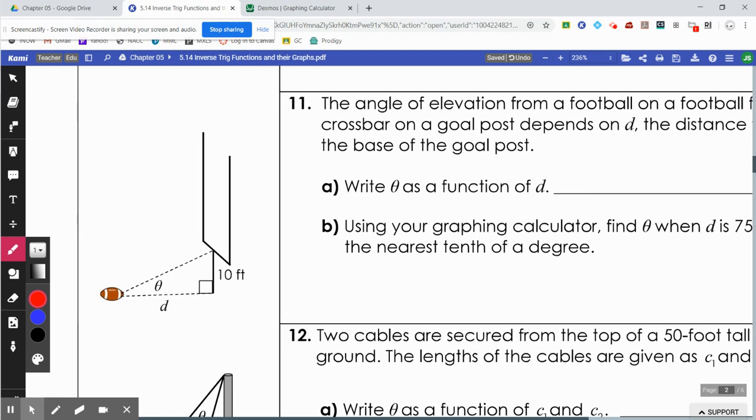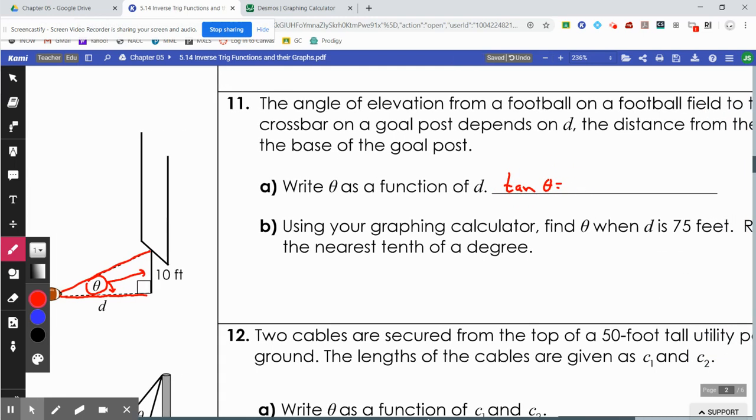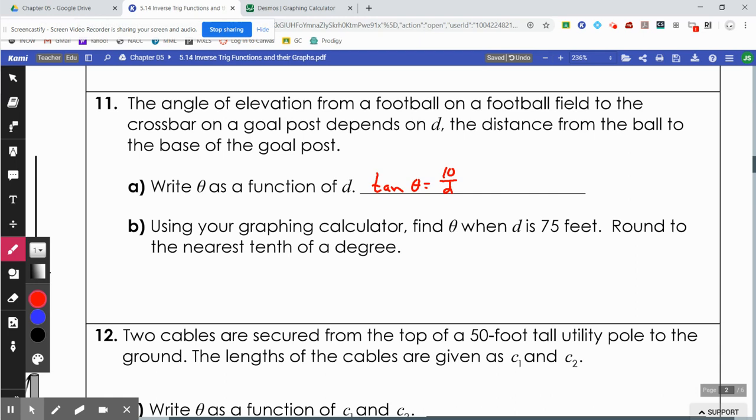So I know that the distance here all depends on the 10 and the theta. If I'm talking about the angle, I'm dealing with an opposite side and adjacent side, so I know that the tangent of theta is equal to opposite over adjacent, which would be 10 over D. However, since I want to write theta as a function of D, I want to get theta completely by itself.